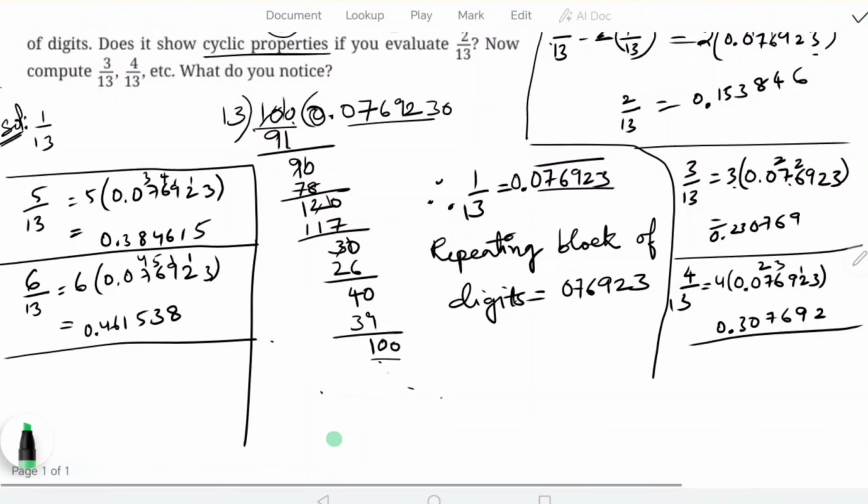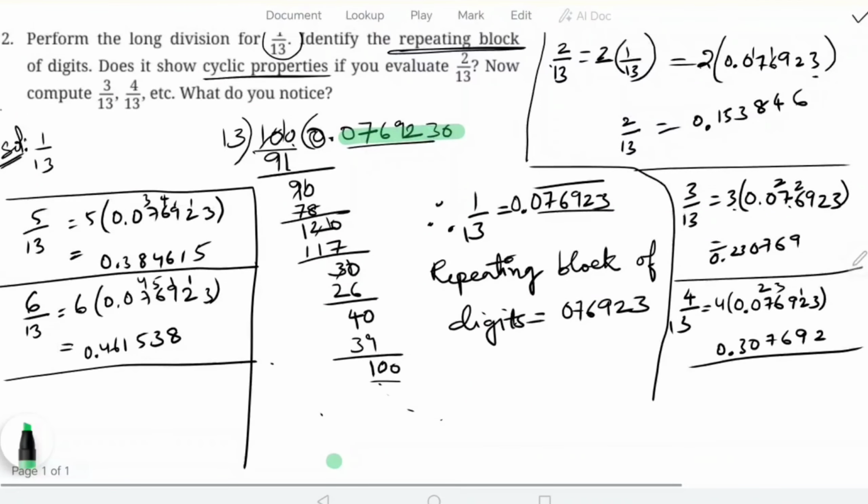Now let us observe. At the starting, for 1 by 13 we got 076923, and for 3 by 13 we got these digits only, 230769, and again these digits are repeating here. For 4 by 13 as well.